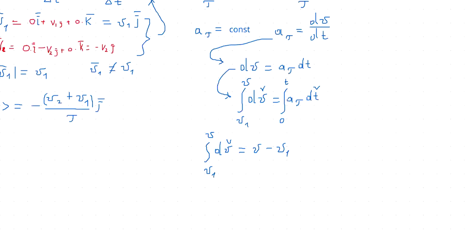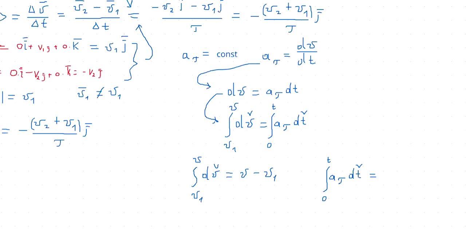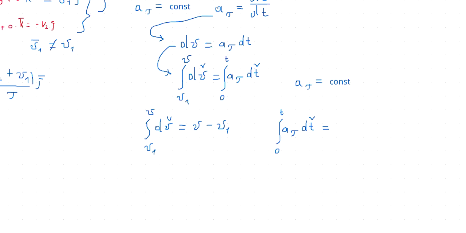And the second integral is integral from the right part. And now we can use our condition that a tau is constant. And from calculus, a constant may be written outside of the integral.